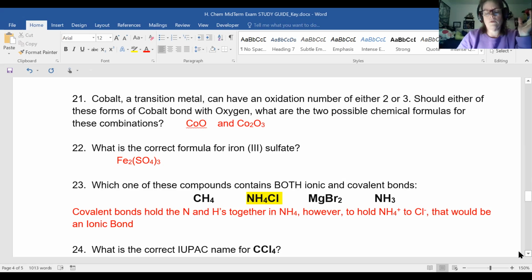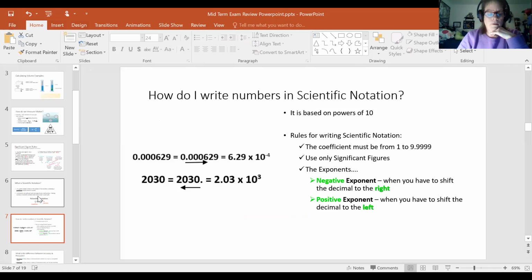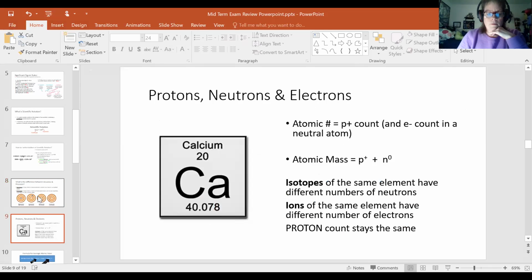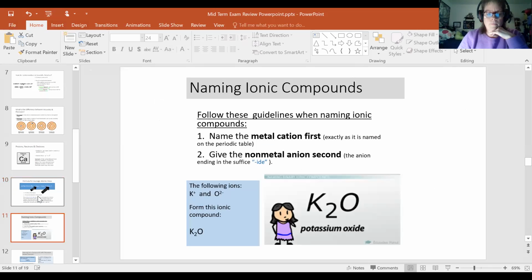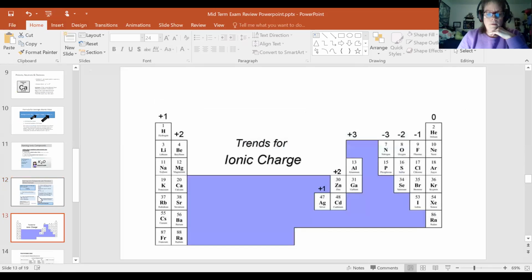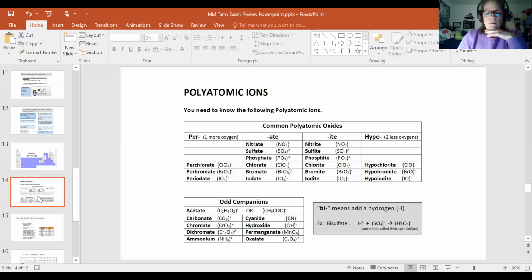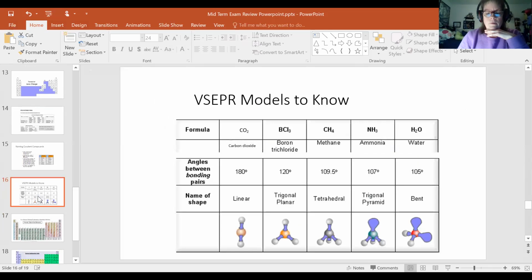Now, this goes with our crisscross method. Let me take you back out to my PowerPoint real quick. Okay, so remember our periodic trends. There's our polyatomic ion, there's our naming.